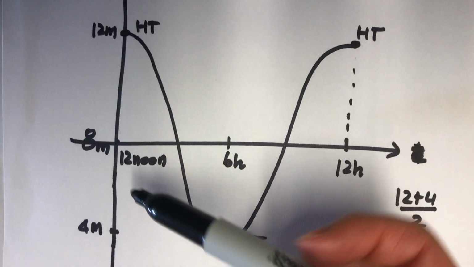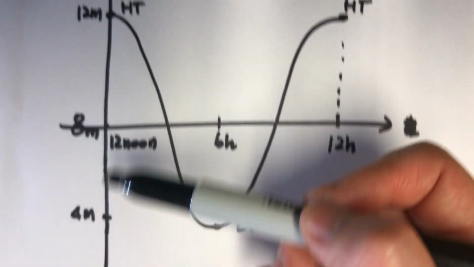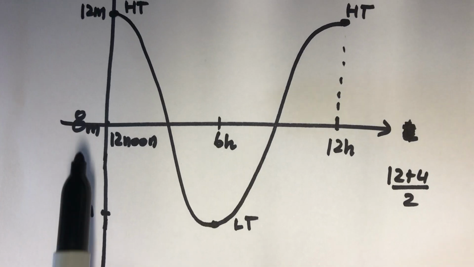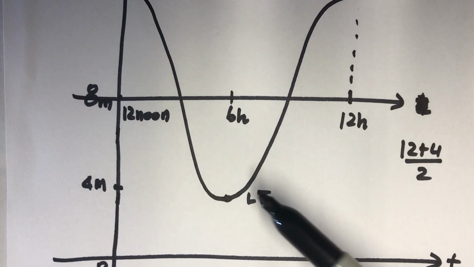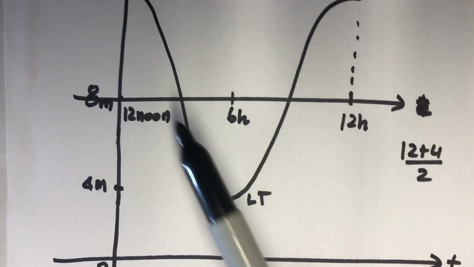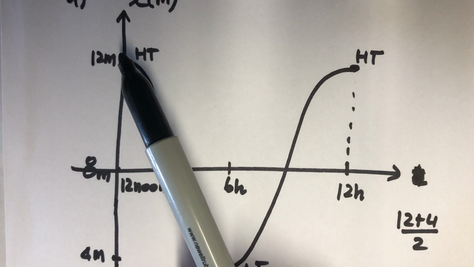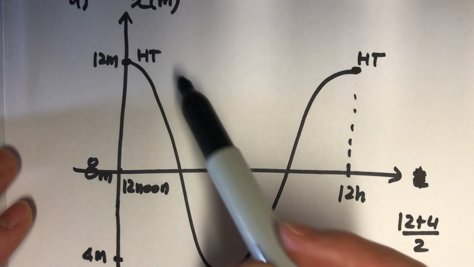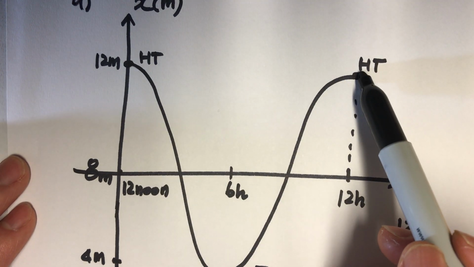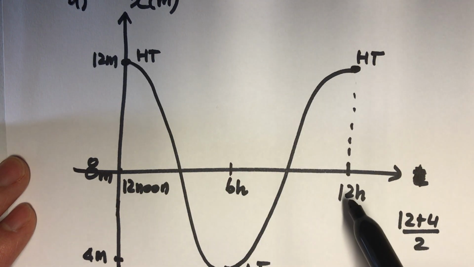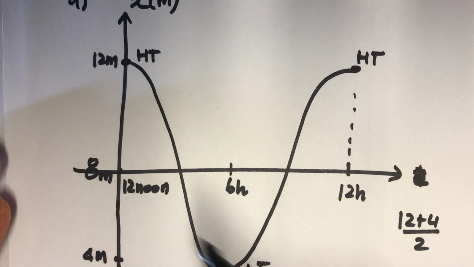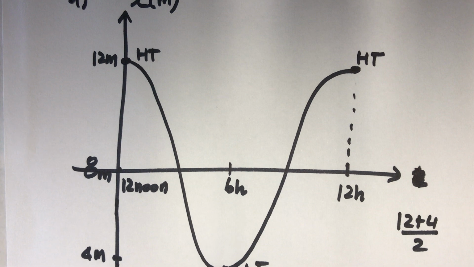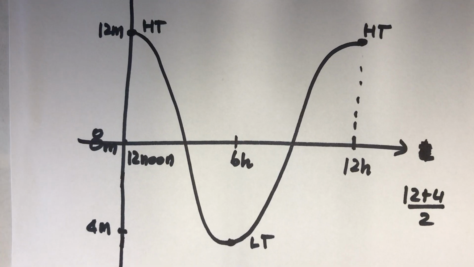The whole thing is above the x-axis, because my center is 8, my high tide is 12 meters, my low tide is 4 meters. The period from one high tide to the other high tide is 12 hours. So that's bang in the middle, 6, and the whole thing starts at 12 noon. Okay, so that's my graph.